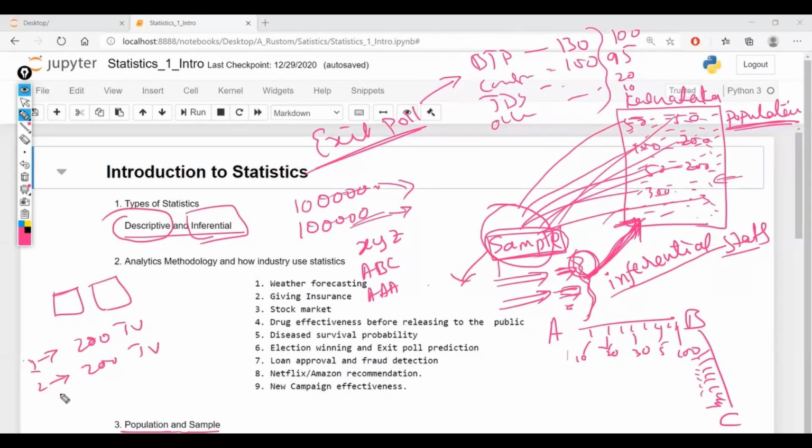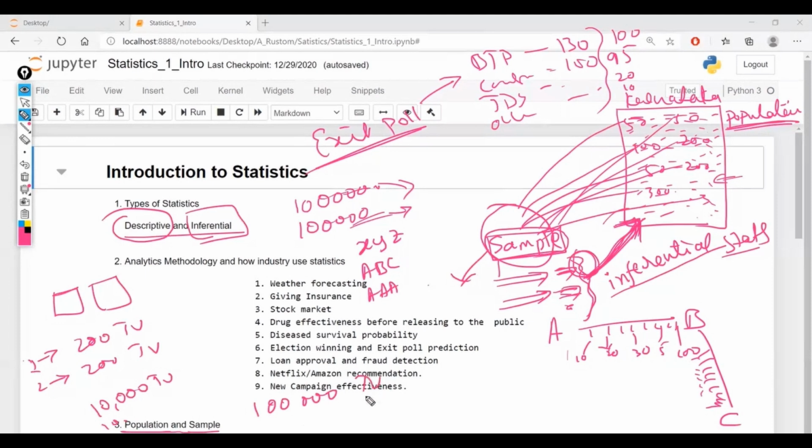Assume that daily you have manufactured around 10,000 TVs, and on the second day, maybe another 10,000. So you have manufactured, say, 1 lakh TVs in total.